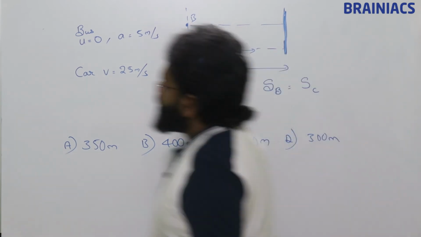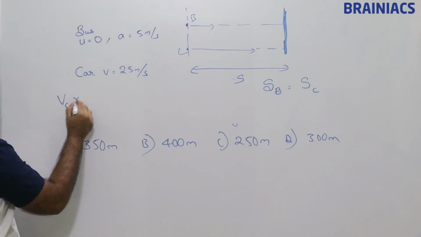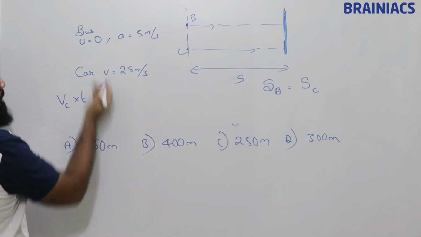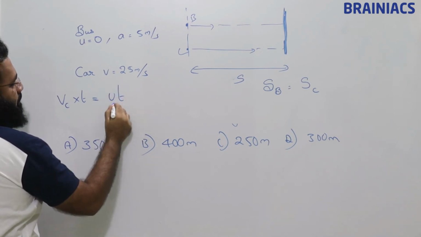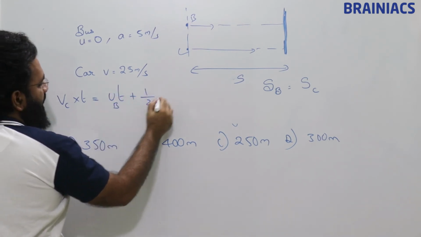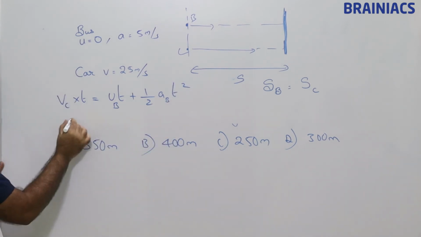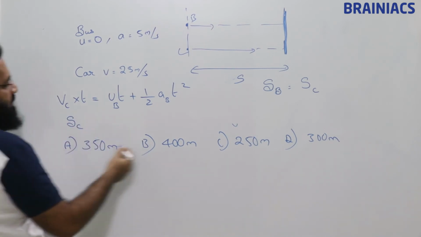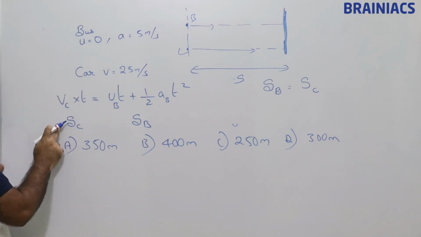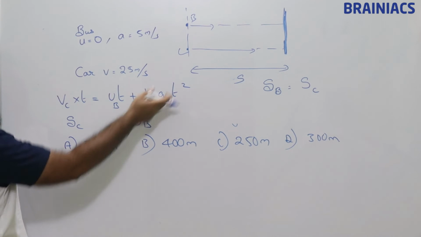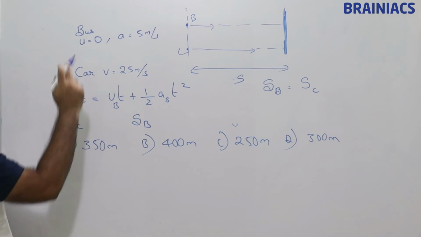Now what we will do? One equation for the car: velocity of car into time, s equal to v into t. For the bus, the displacement is ut plus half at square, the formula which we have seen. So this will be equal.